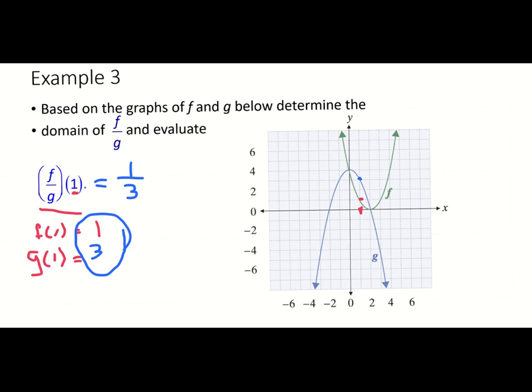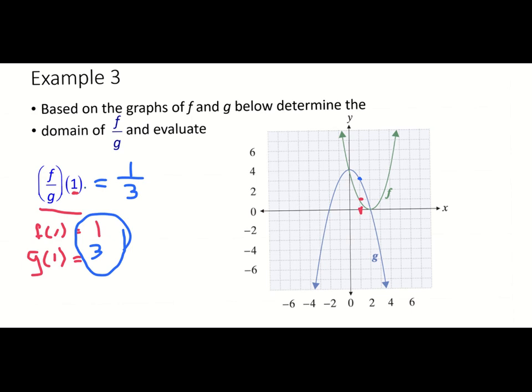And then let's see here. They do want us to find the domain. Now, we have two parabolas here. So the domains for each, it's all real numbers. For f, it would be all real numbers for domain. Any x value would work. And for g, any x value would work.